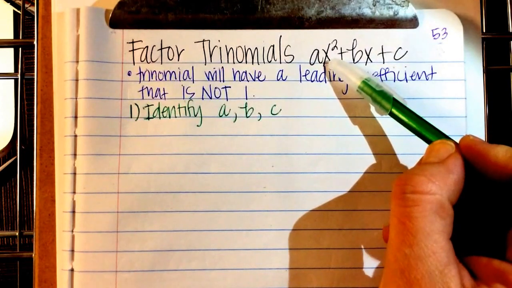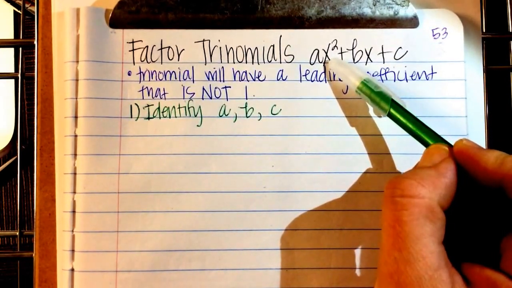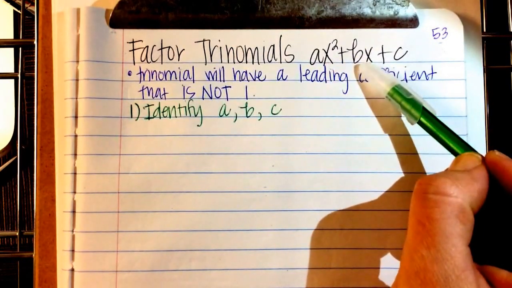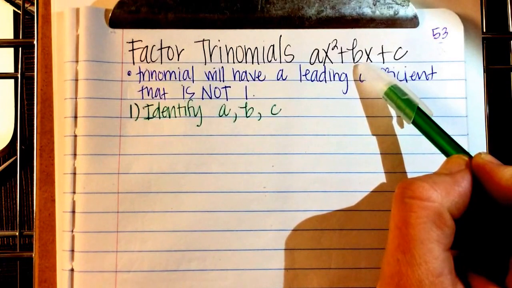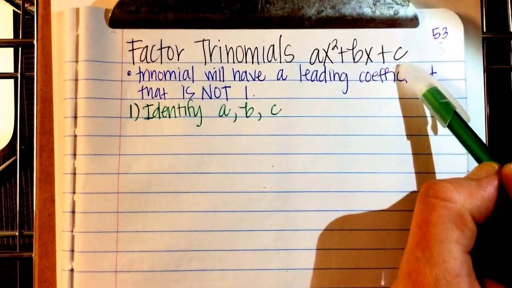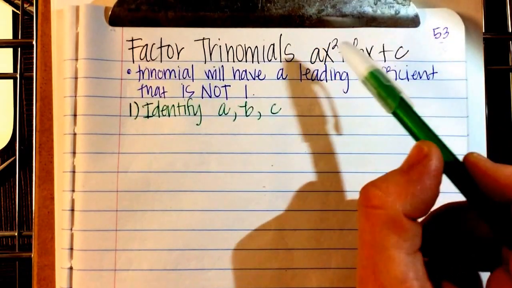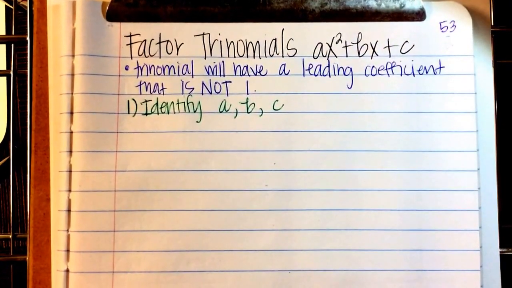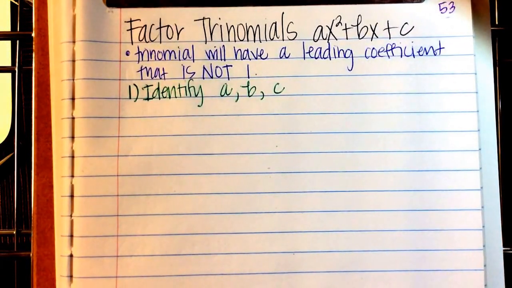It's the leading coefficient. It touches the x squared or the y squared. How do you know which one's B? It's the second one. It's the middle one. It's touching the x. And how do you know if it's C? It's by itself. It's the constant. It's the last one. They go in order, right? Math is great that way. A, B, C. Identify the A, the B, and the C.